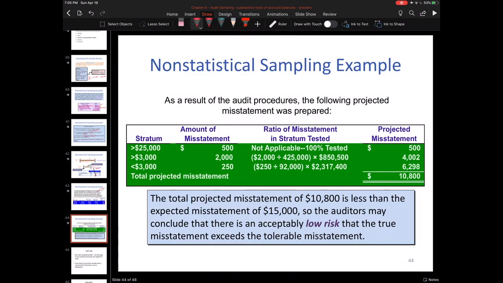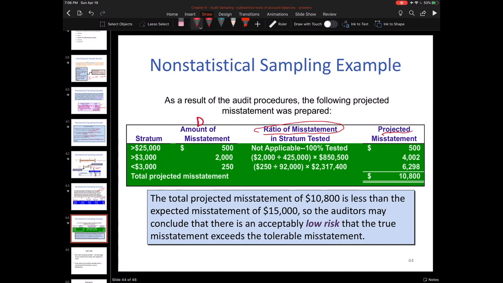So the first thing you're going to do here is calculate your misstatement ratio. And remember, the purpose of calculating this is so you can use the ratio projection for each individual layer. That's what you're doing here. And when I'm calculating, you can see the amount of misstatement is just coming over from the prior page, right?